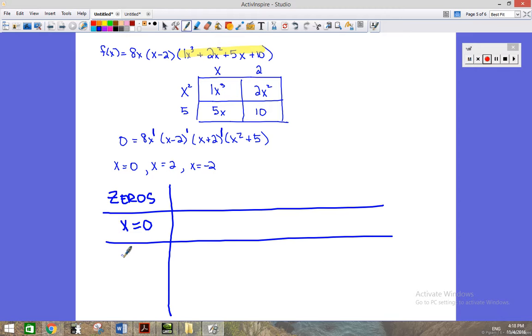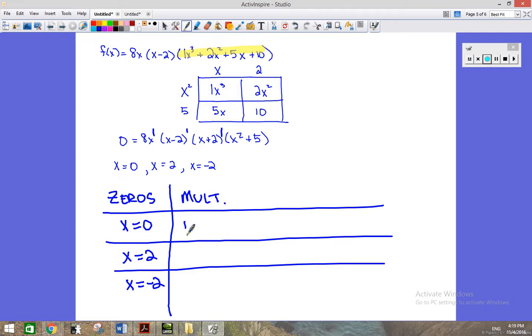So what we have found here is that the zeros, the real zeros, the zeros that are real numbers, are x equals 0, x equals 2, and x equals negative 2. And the multiplicity of each of these zeros, I'm going to abbreviate multiplicity, just mult, are all 1, and those are odd numbers. And I know that if the multiplicity is odd, then the graph crosses the x-axis at these zeros.